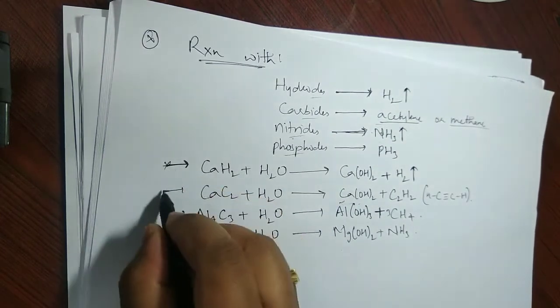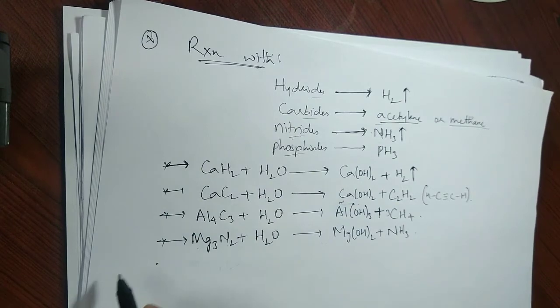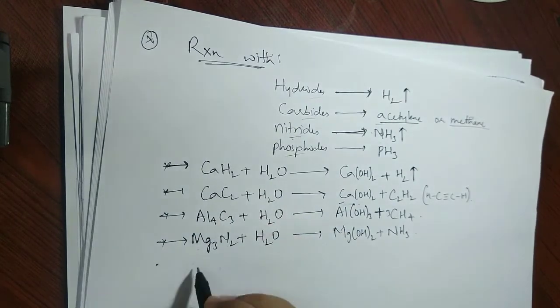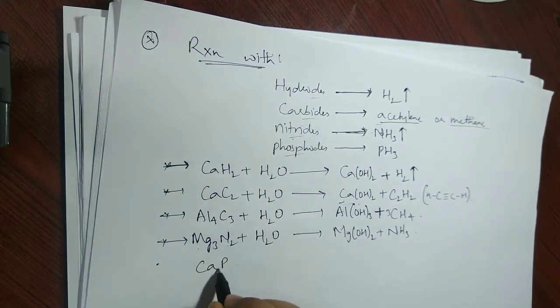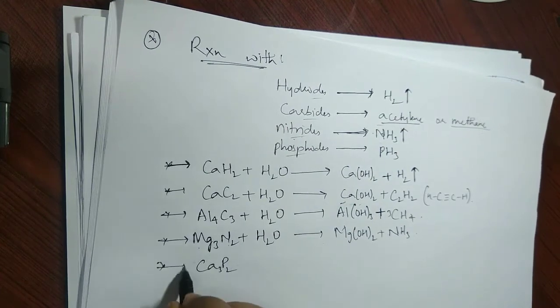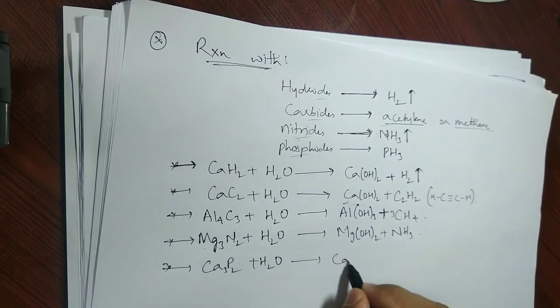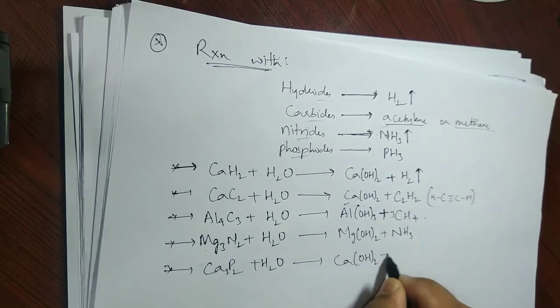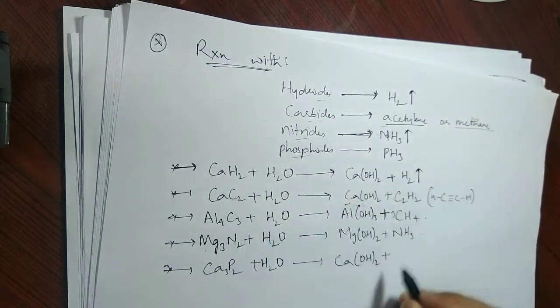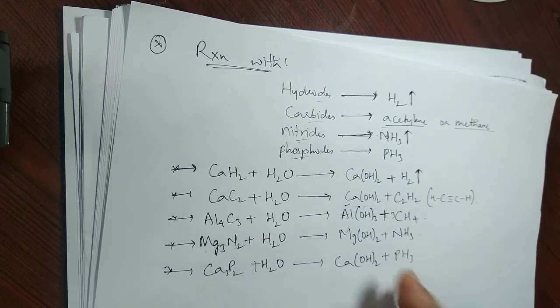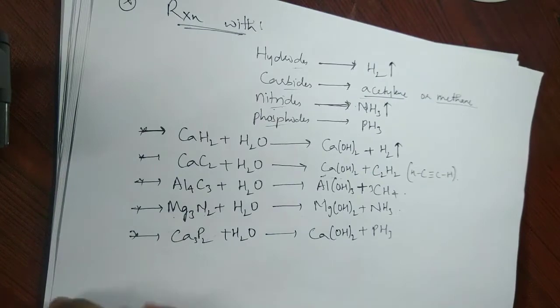Then one last reaction I'll ask you, with phosphide. So calcium phosphide on treating with water, same story, but phosphide will form PH3. So you cannot by heart the reactions.